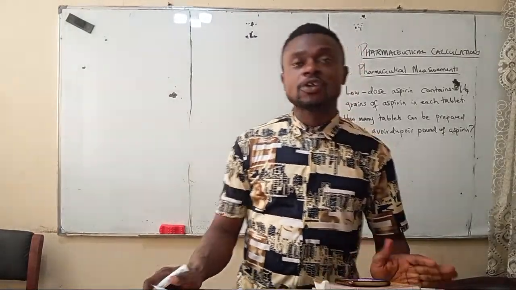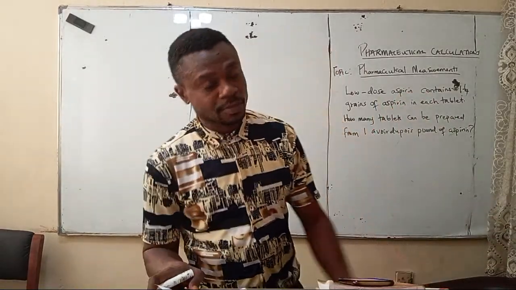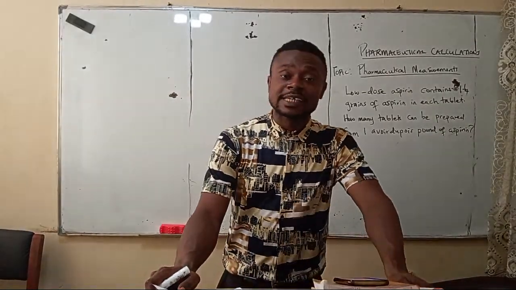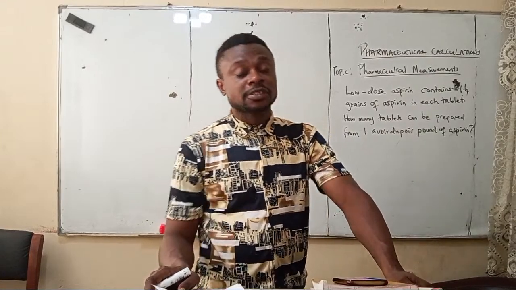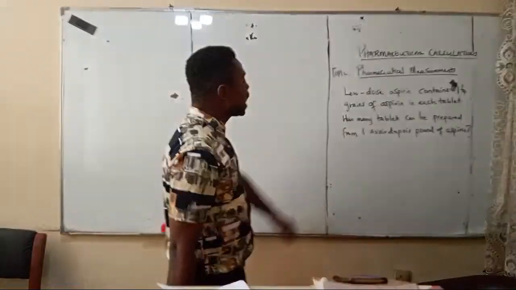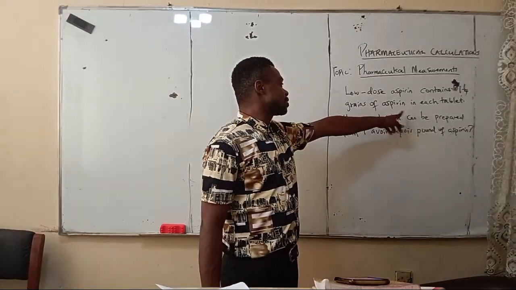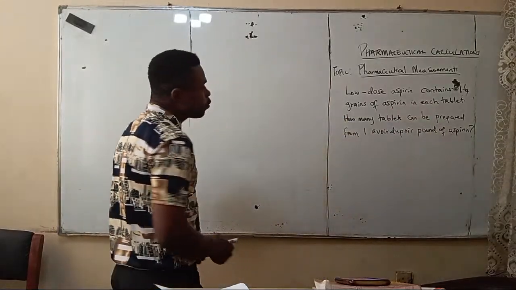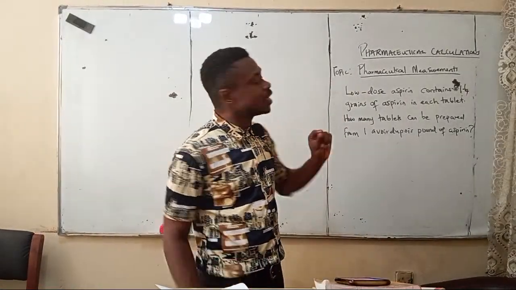When it comes to pounds, we have avoirdupois pounds and apothecary pounds. 1 avoirdupois pound is 7,000 grains, while 1 apothecary pound is 5,760 grains. But we are given avoirdupois pound here. So this 1 avoirdupois pound is 7,000 grains.